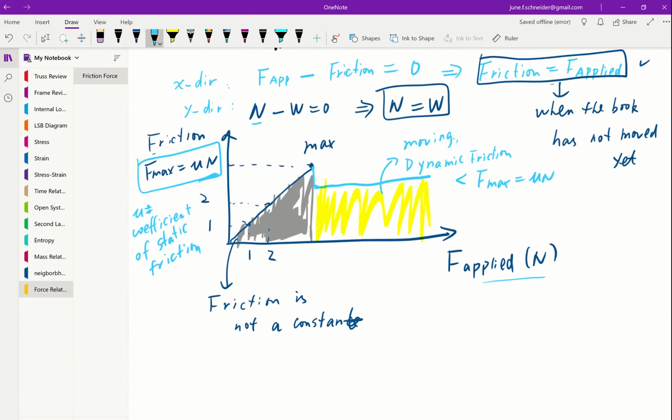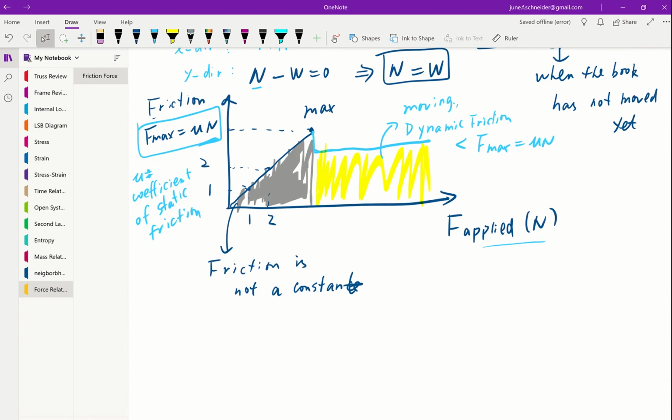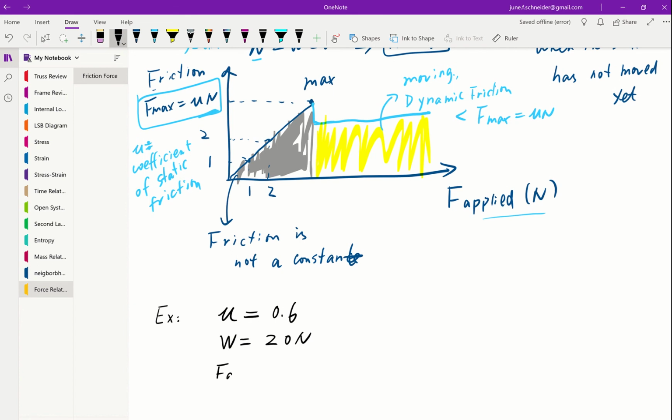So knowing that, I'm going to look at a quick example. The example I'm going to look at is this book on the table. They tell us mu, the coefficient of static friction, is 0.6. And they said the book weighs about 20 Newton. And the applied force is given as 10 Newton.